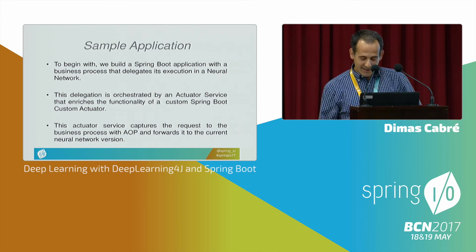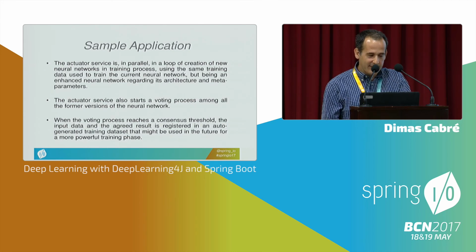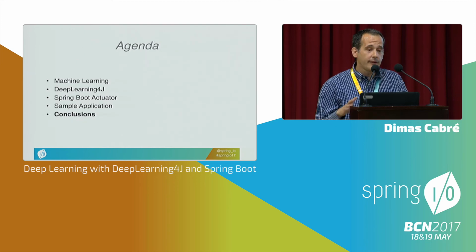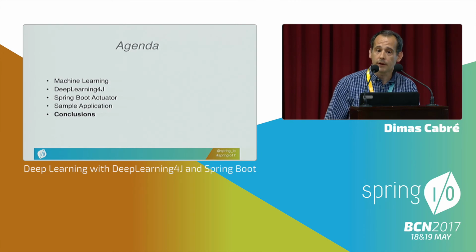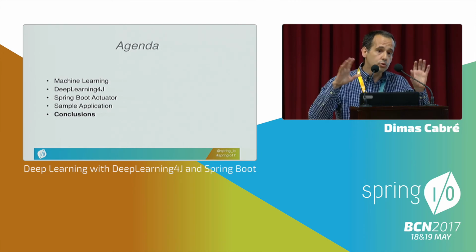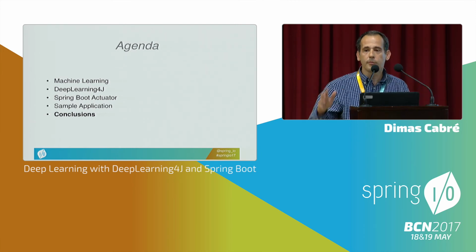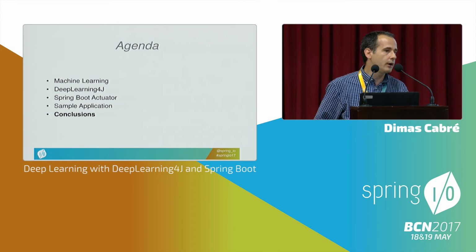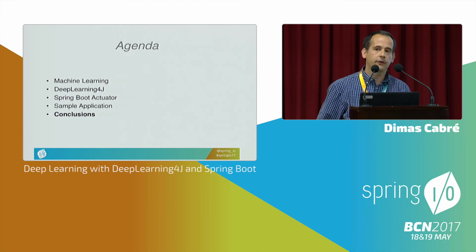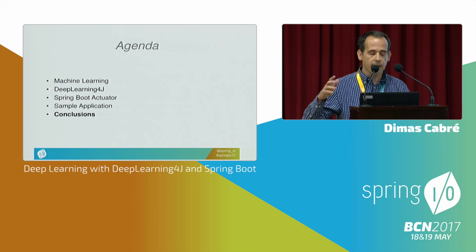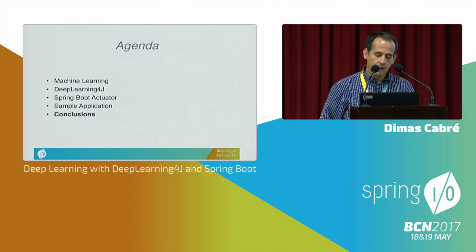So this is what the talk was about: introducing deep learning for Java, introducing machine learning, and explaining one possible approach to use neural networks in production-ready systems, related to the business component, not to the scientific and academic side.